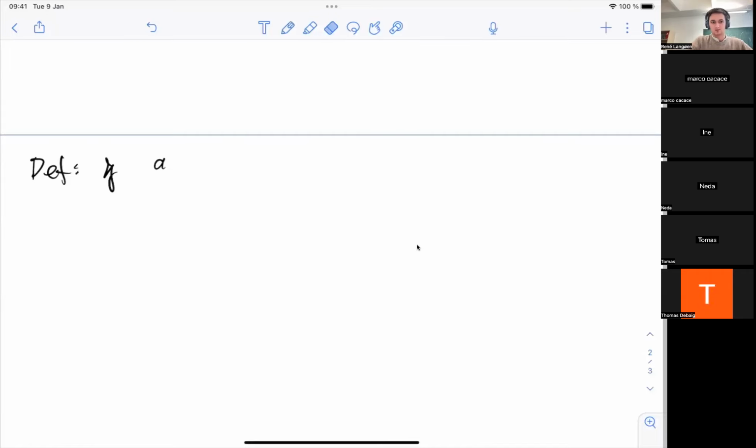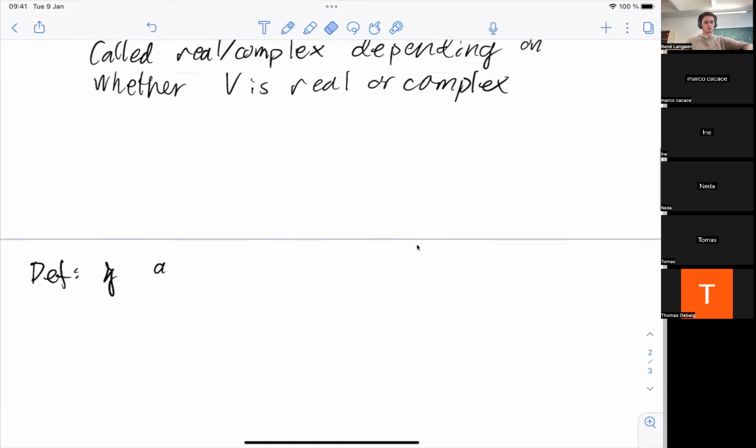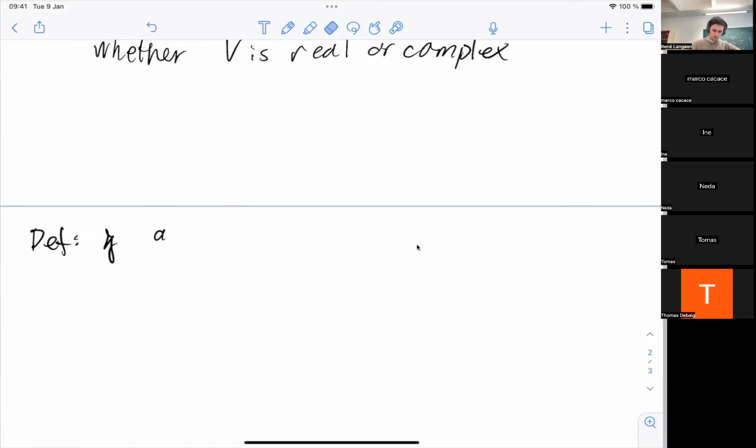Yeah, and so if I look at the complex numbers, for example, as R^2, then I have many more linear transformations from R^2 to itself than I have complex linear transformations from C to C, right? So what GL(V) means depends a lot on whether you consider V as a complex vector space or a real vector space. That was what I was saying.